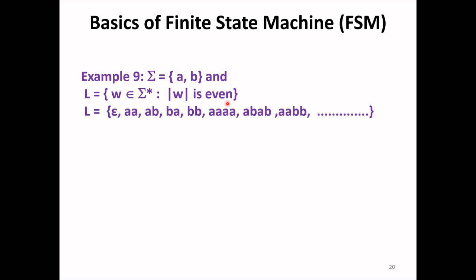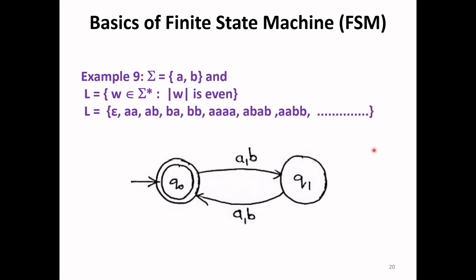So how do we design the finite state machine for this? First we have epsilon, so by default the initial state is the final state. And what was the logic applied? If I come across one symbol, then it will be in the intermediate state. If I go for the second symbol, then it must reach the final state.